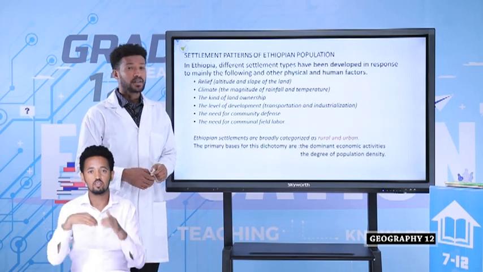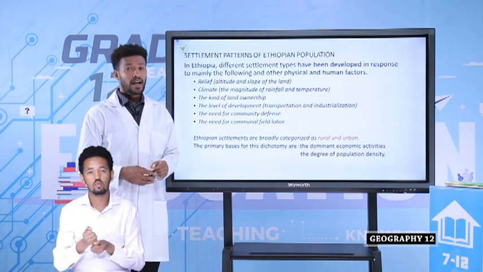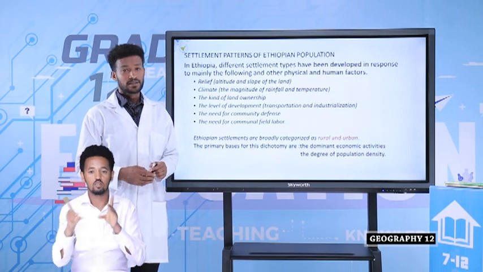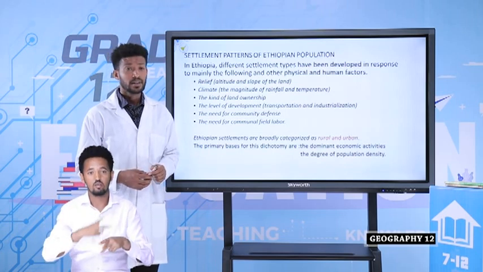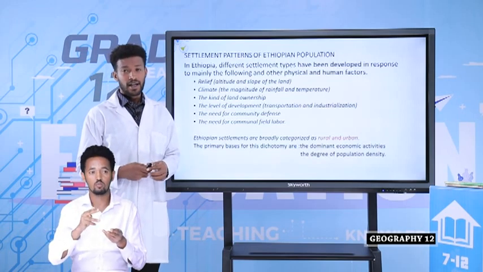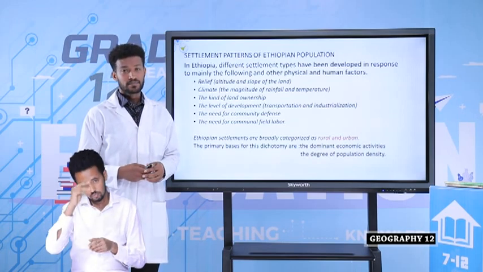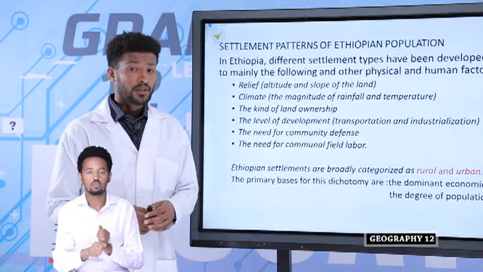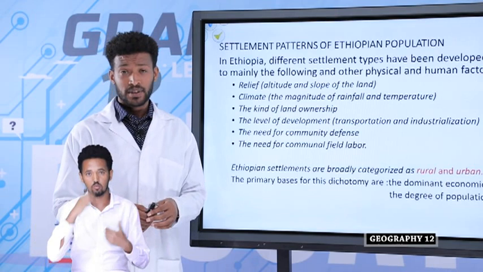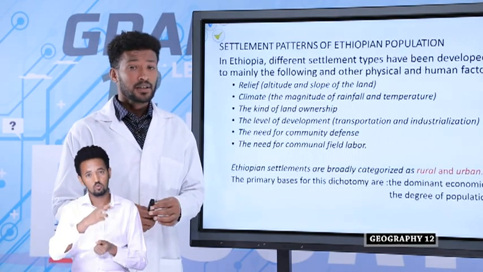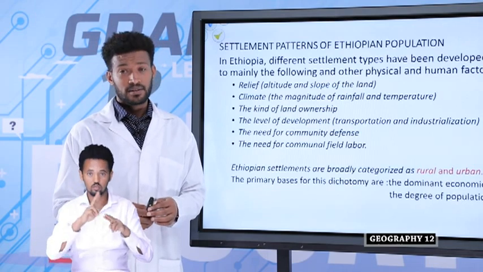In the Ethiopian context, the highland part has a dense population settlement. This is due to the moderate temperature in the highland parts. And in reverse, the lowland parts of Ethiopia have high temperatures. Due to this reason, the population settlement is sparse.